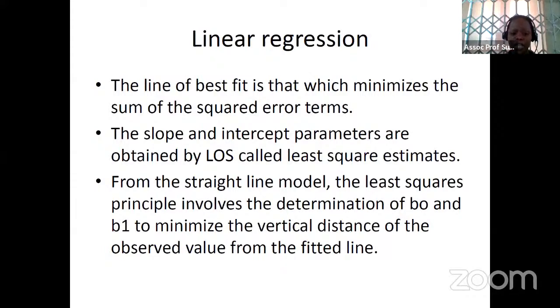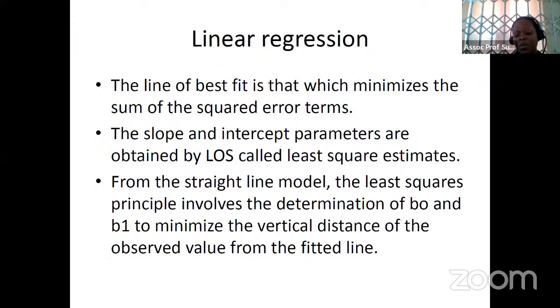So we've already said that the slope and intercept are parameters that are obtained by the least squares method, or OLS, and they are called least squares estimates.